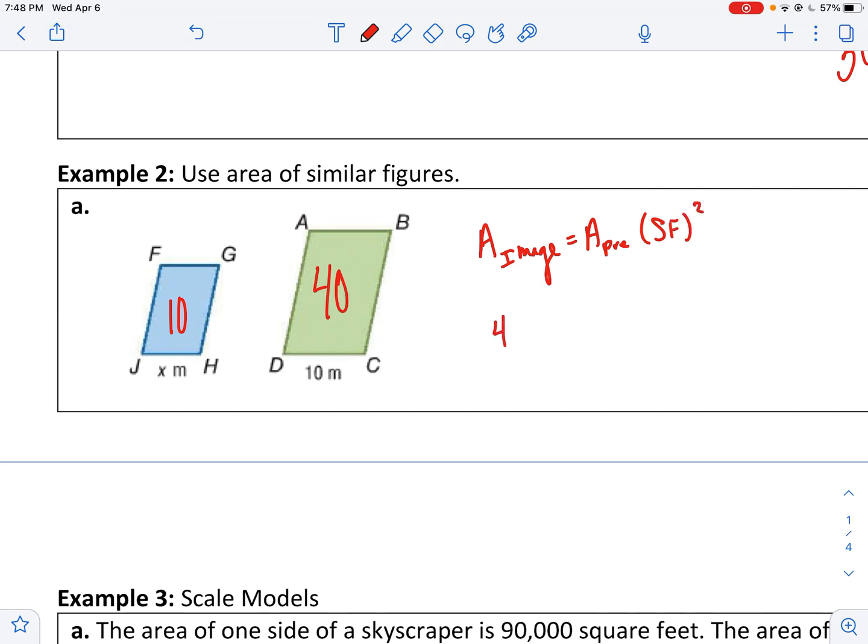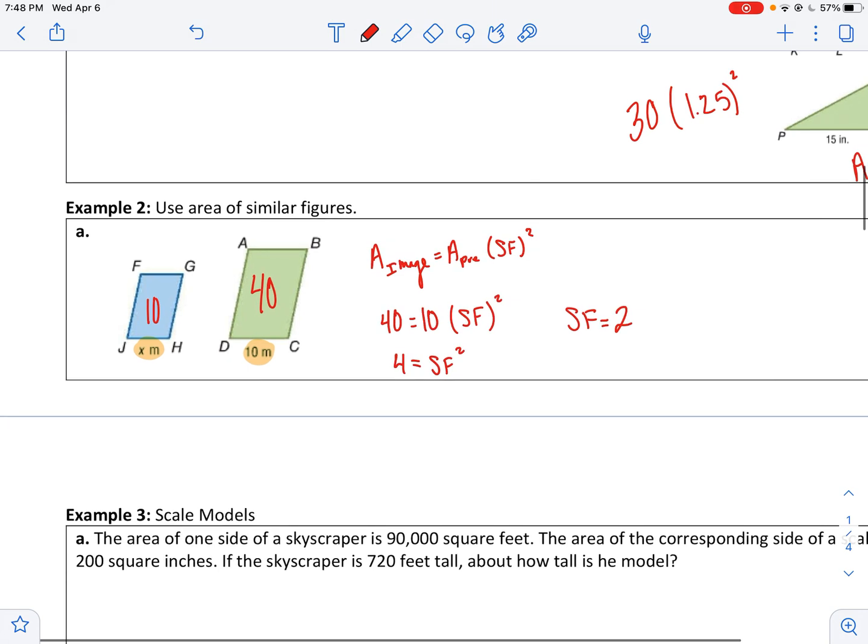So if I substitute in these numbers, 40, the image, equals 10 times your scale factor squared. Then 4 would be your scale factor squared. So your scale factor, what squared makes 4? Well, that would be 2. But I'm not done yet. I know the scale factor. I still need to find what x is. So if my scale factor is 2, then x must be 5.